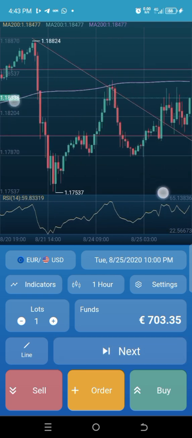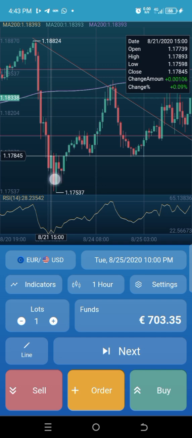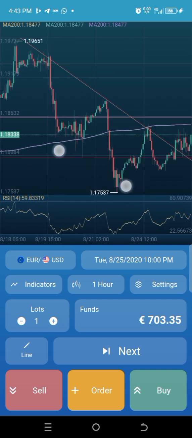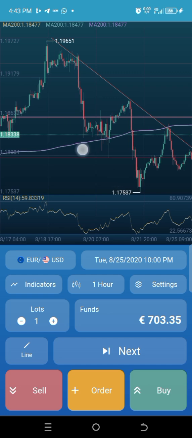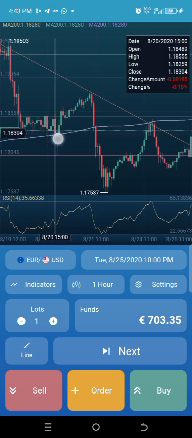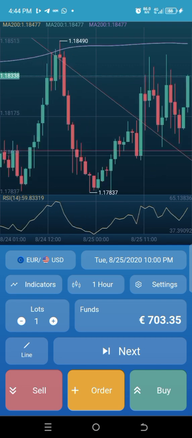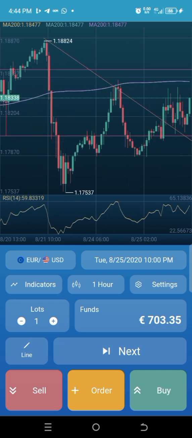Break. Let's see the RSI. 23, oversold. Let's see if there's a divergence. 35, no divergence. So area of interest, has it been formed? Maybe here.